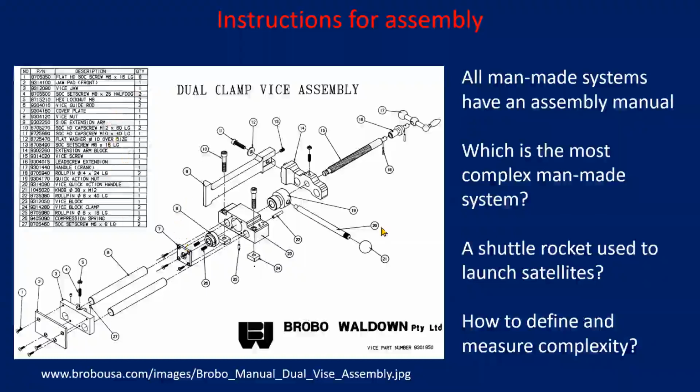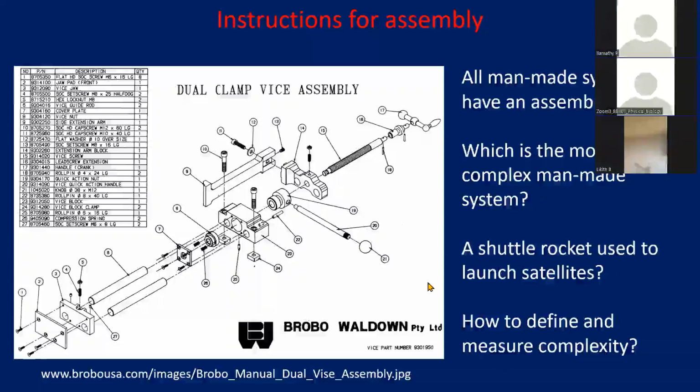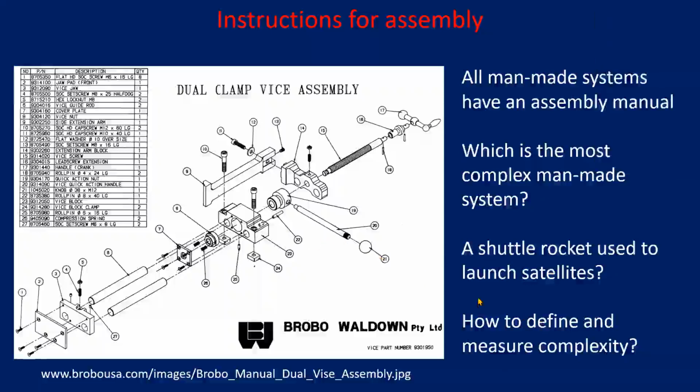But other than that, this is, you can say, the simplest assembly which humans have made. Apart from that, if you think about the shuttle rocket, it's very complicated. When astronauts are traveling in space, all the basic amenities have to be provided within that rocket.